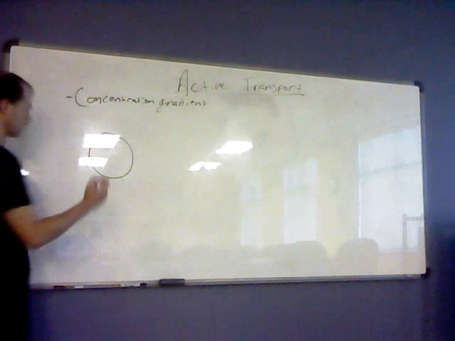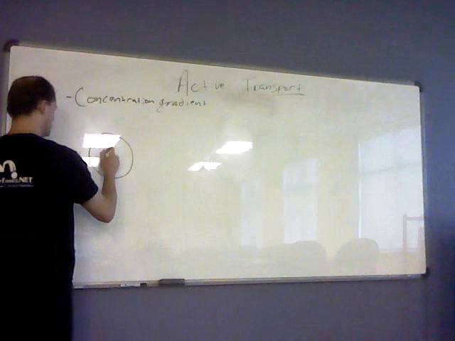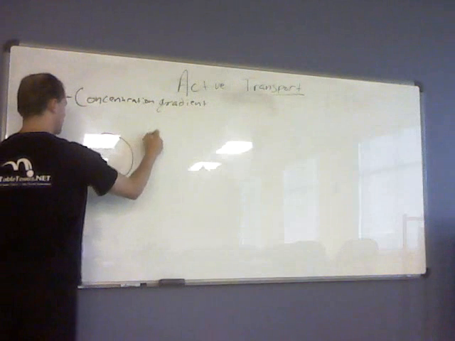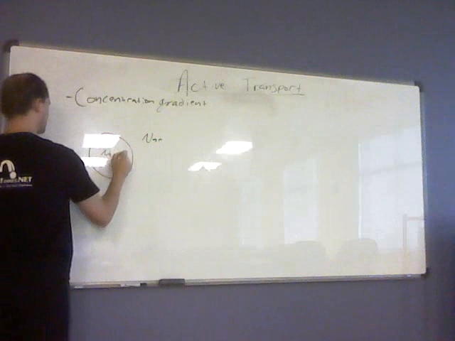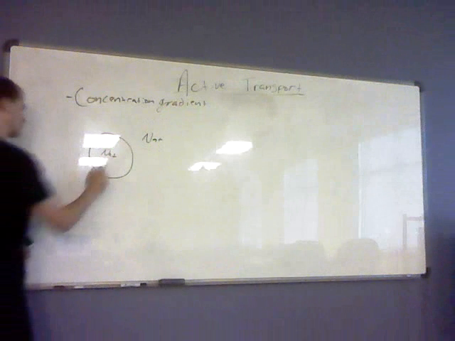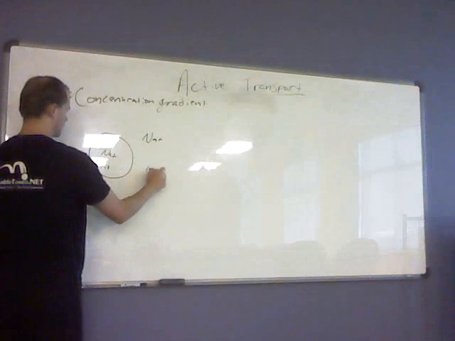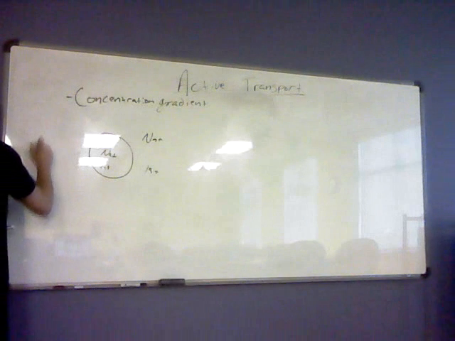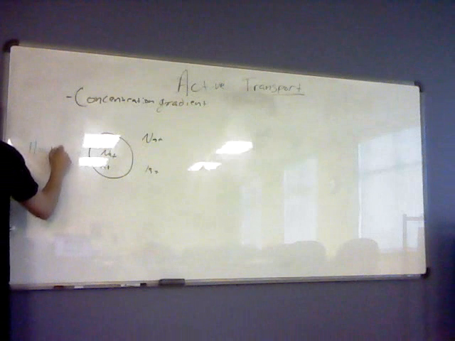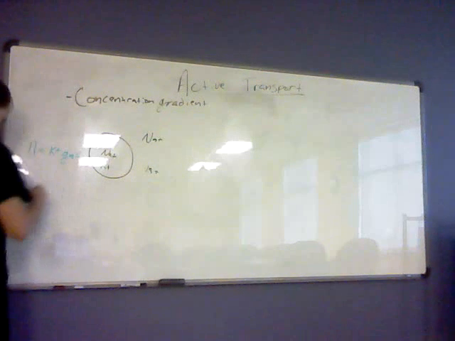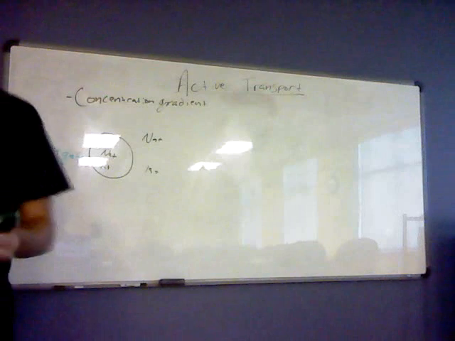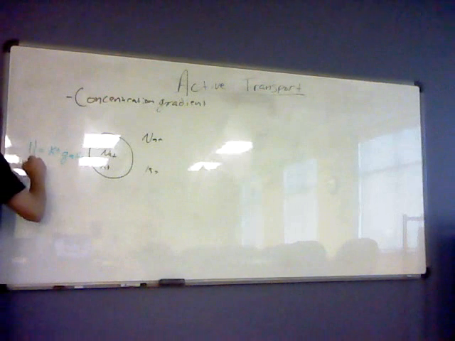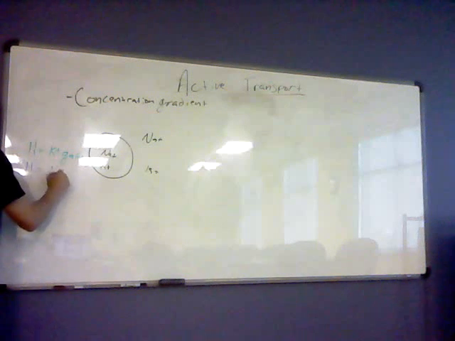Okay, so for example, I'll just keep using the same example. If we've got sodium on the outside, sodium on the inside, and let's say we've also got potassium on the inside, potassium on the outside, all right, and we'll say that green is going to represent a potassium gate, and blue is going to represent a sodium gate.